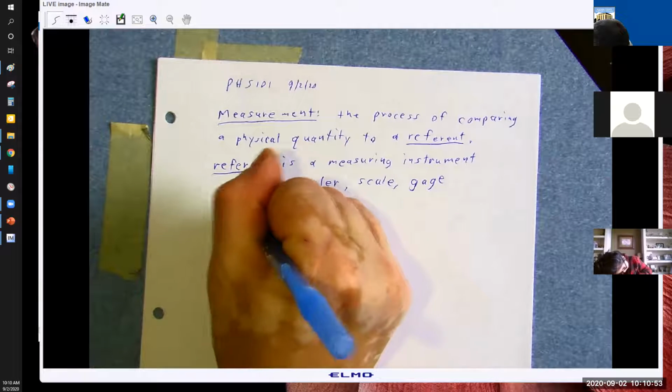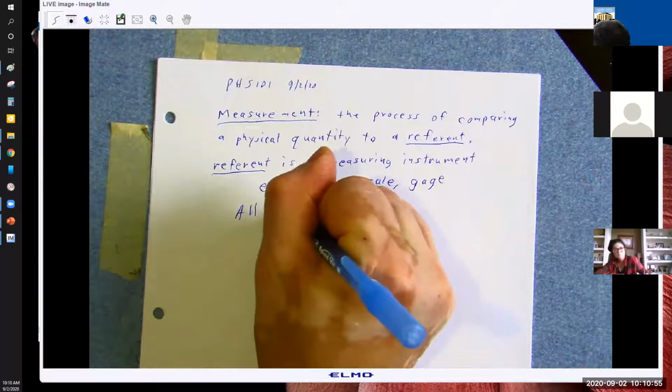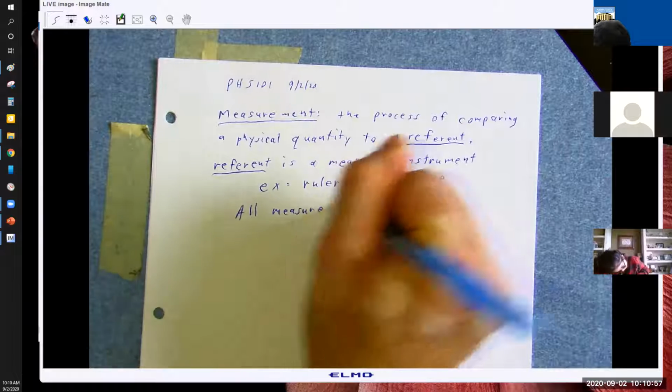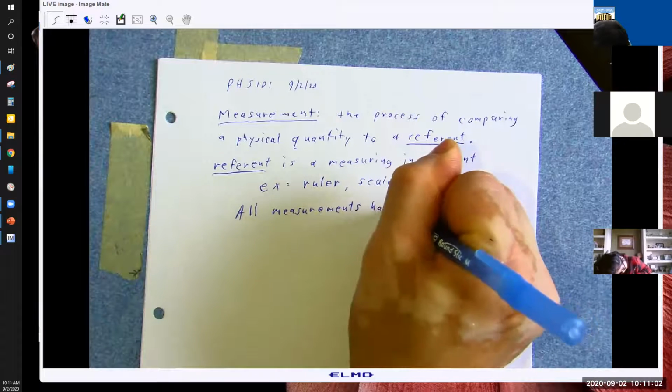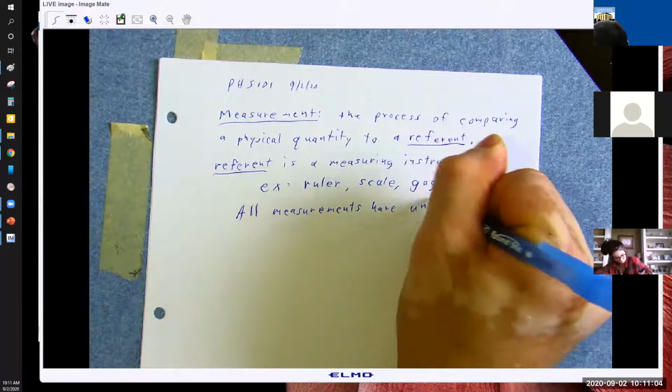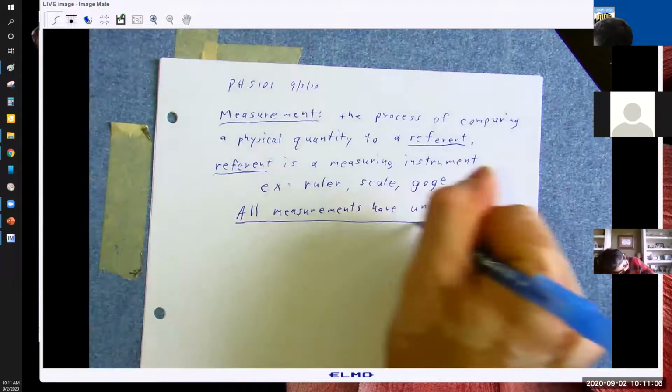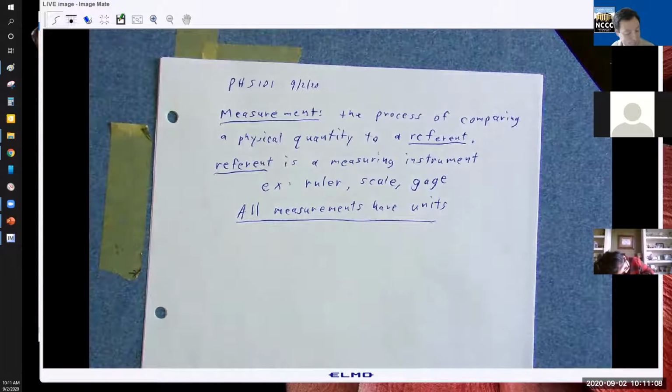So all measurements have units, right? When you measure something, you use some system of measurement like meters or feet. And because we have units, let's talk about units here.